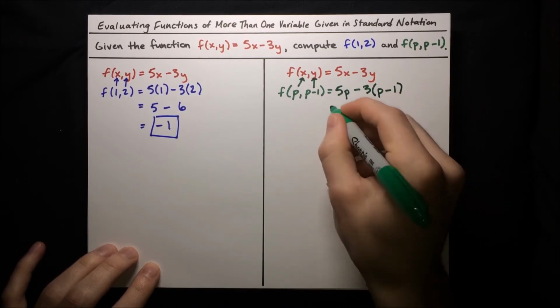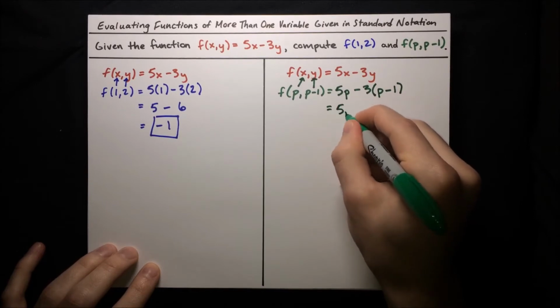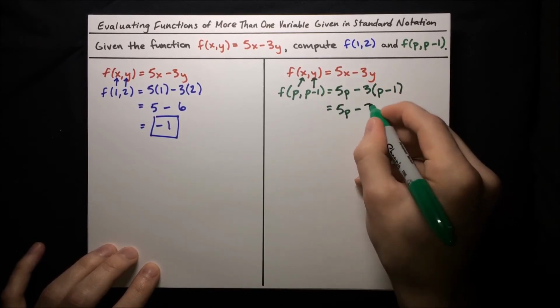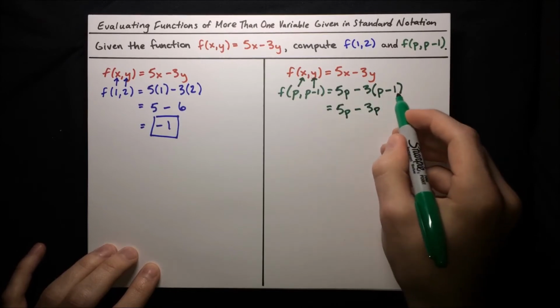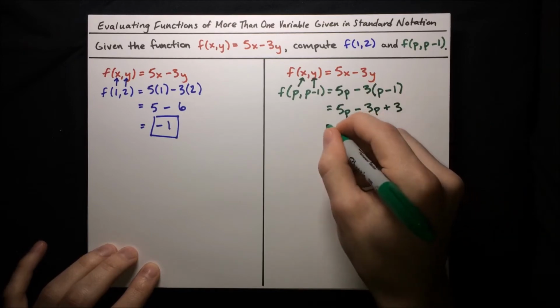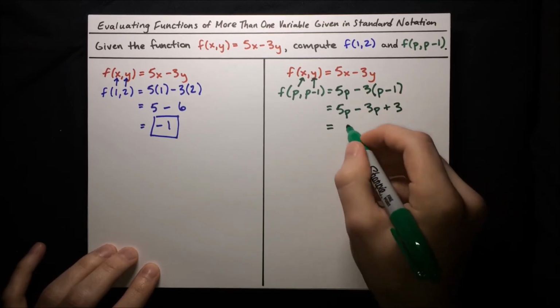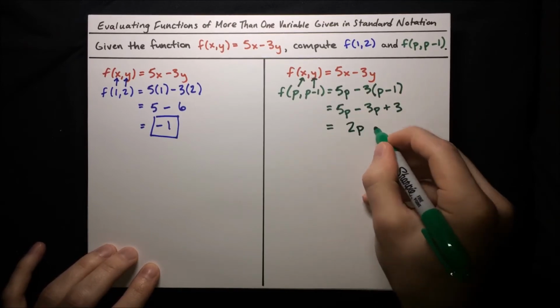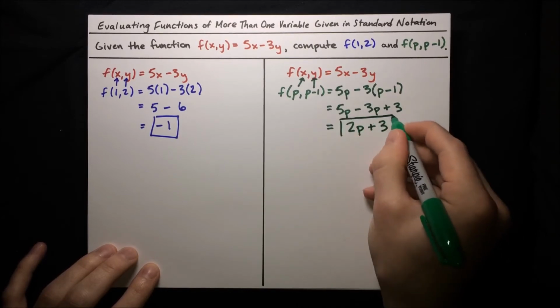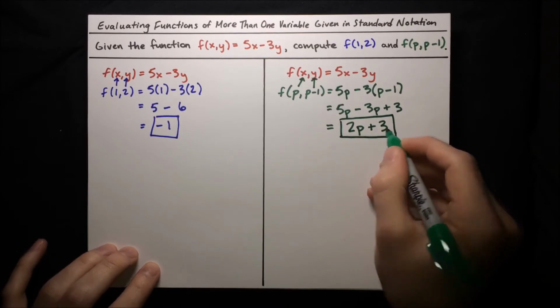And then we just compute, and we get 5p minus, we'll distribute this, so minus 3p, and then negative 3 times negative 1 is positive 3, so plus 3. And then we go ahead and simplify 5p minus 3p, that's just 2p. And then plus 3, and there we go. That's our result. That's f of p, p minus 1.